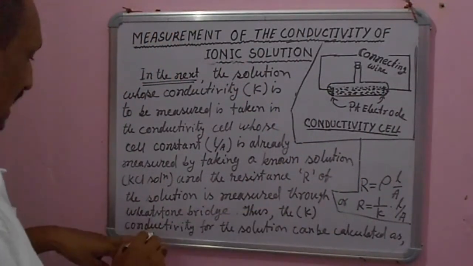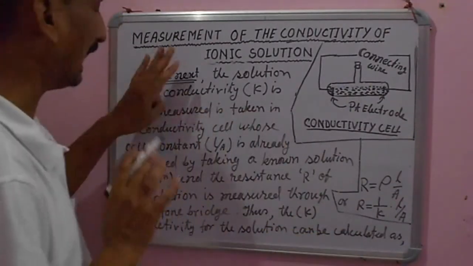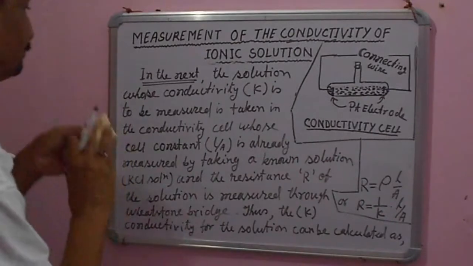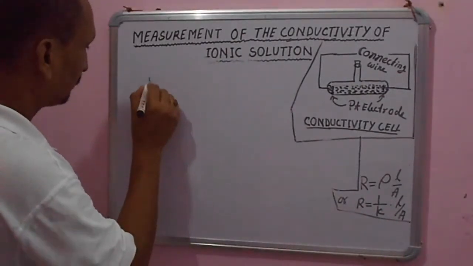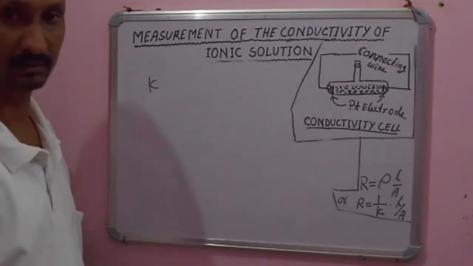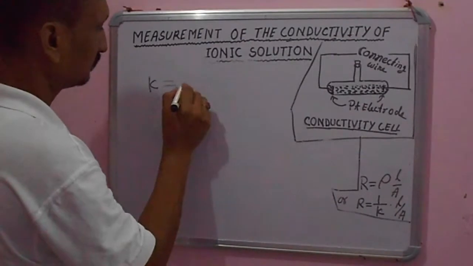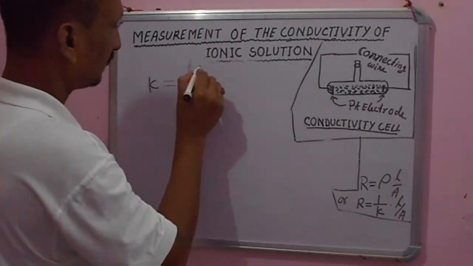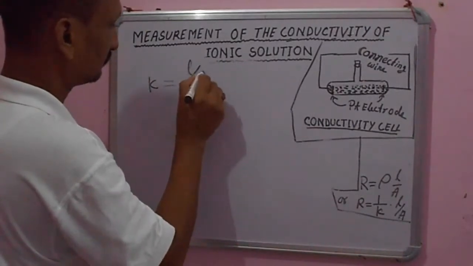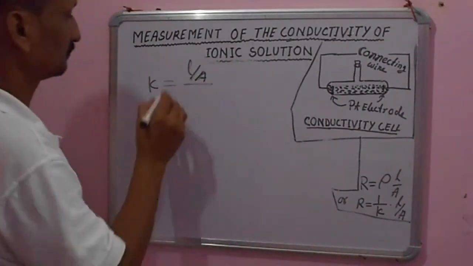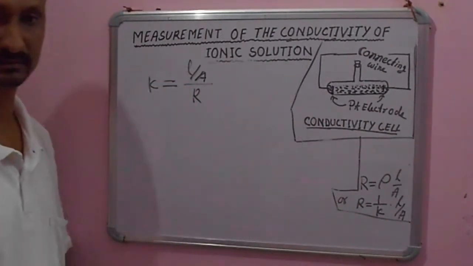Thus the kappa, the conductivity for the solution, can be calculated as how? That kappa is equal to L by A divided by R, resistance.